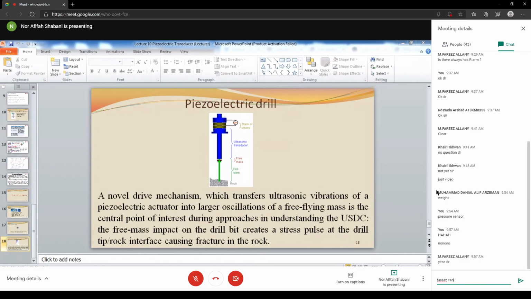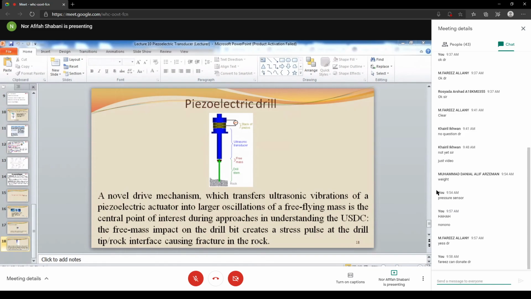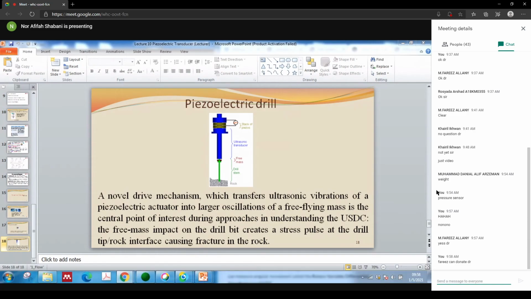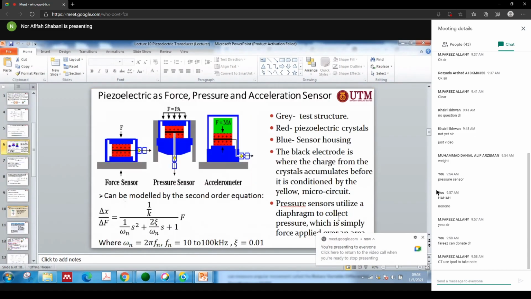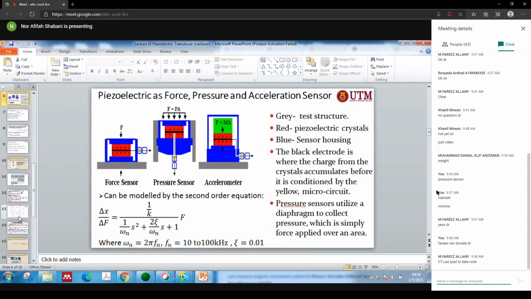For piezoelectric, there will be no calculation question in the test. It is just theoretical, but LVDT will have some calculation questions. For the piezoelectric transducer, you need to be able to describe the concept, how the piezoelectric can be used to apply for force sensor, pressure sensor, and so on, and what is the direct effect.